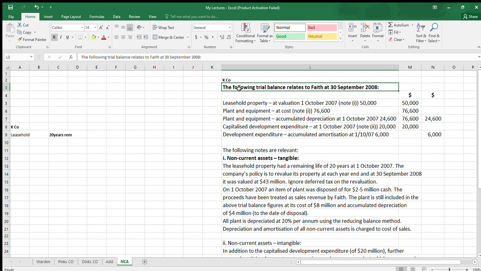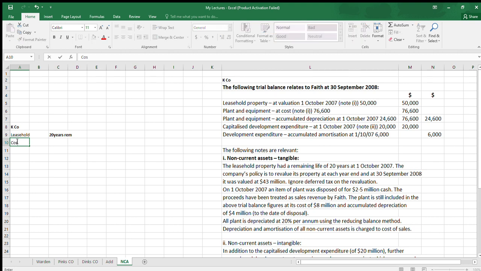So the trial balance is for 30th September 2008, but as at 1st October 2007, the cost of the leasehold property was $50,000.